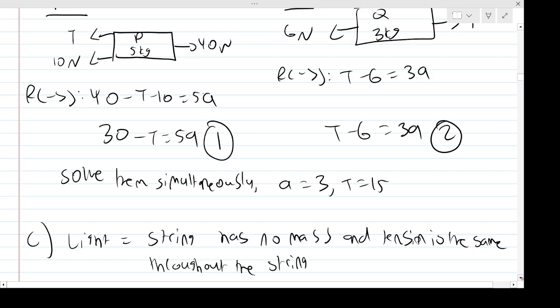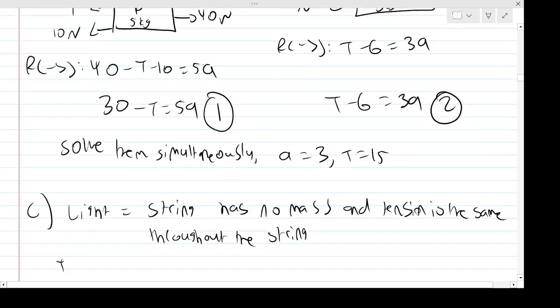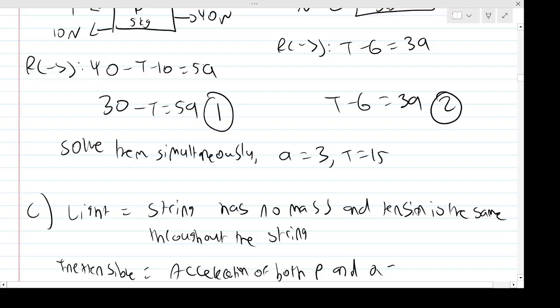And it's inextensible, which means the acceleration of both objects, so both P and Q, are the same. Okay, and there we are.